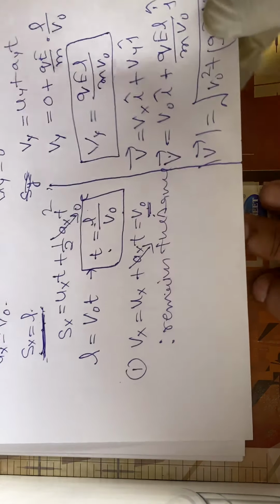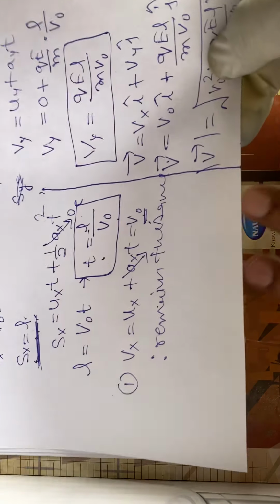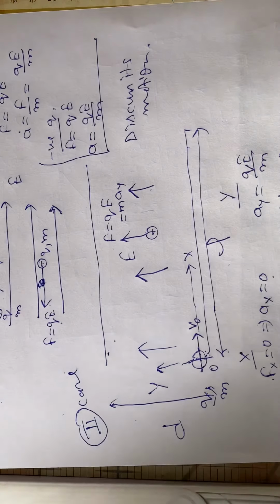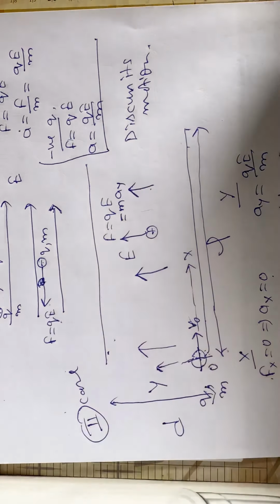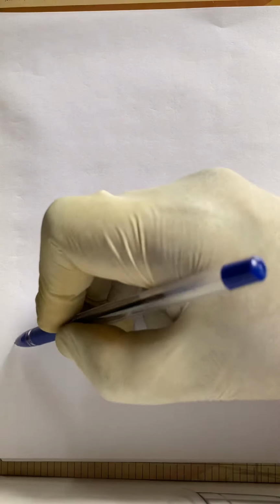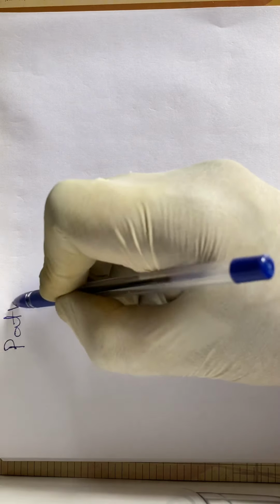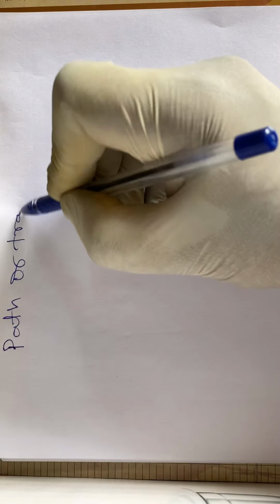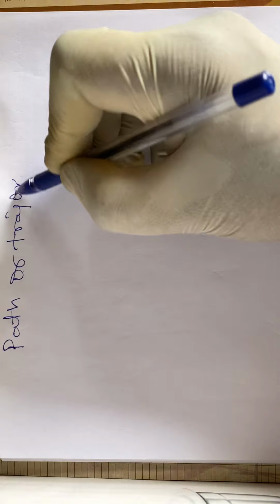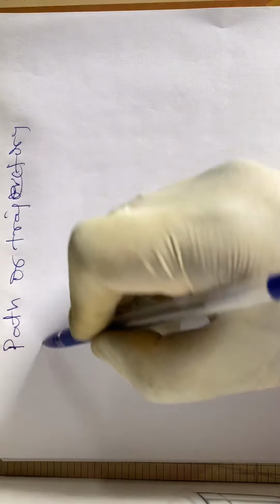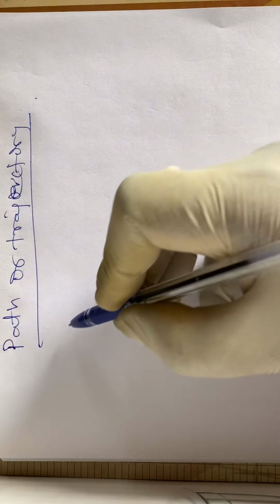Now suppose we want to find its path, or trajectory, in this region. Again, let's draw the diagram.